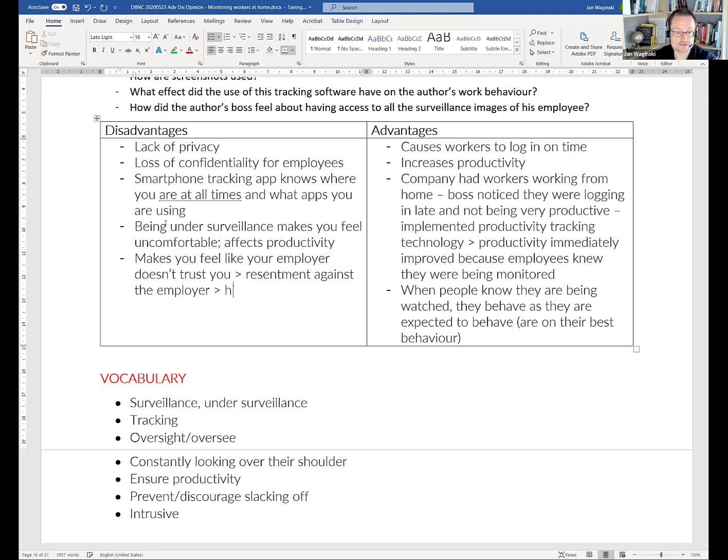So that might lead to, if you're looking for a consequence, higher turnover. What does turnover mean? Like the employees will resign frequently or quickly.